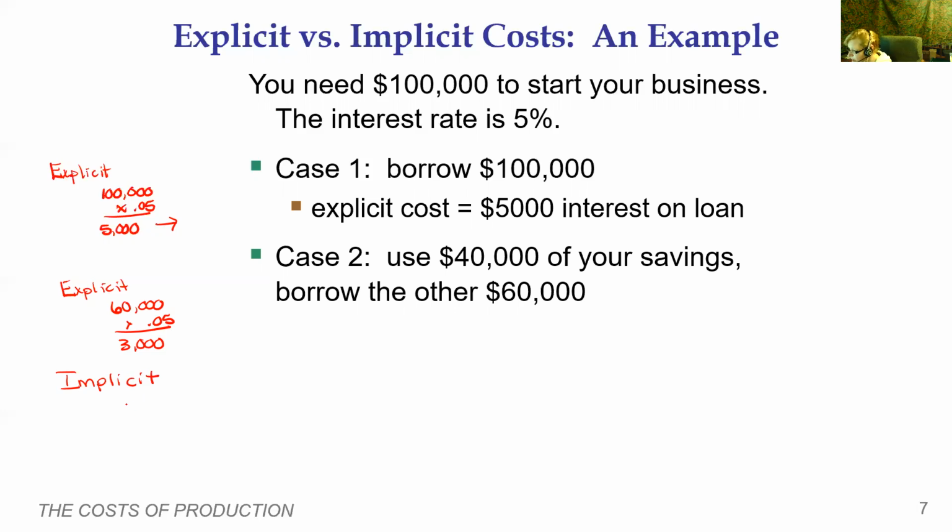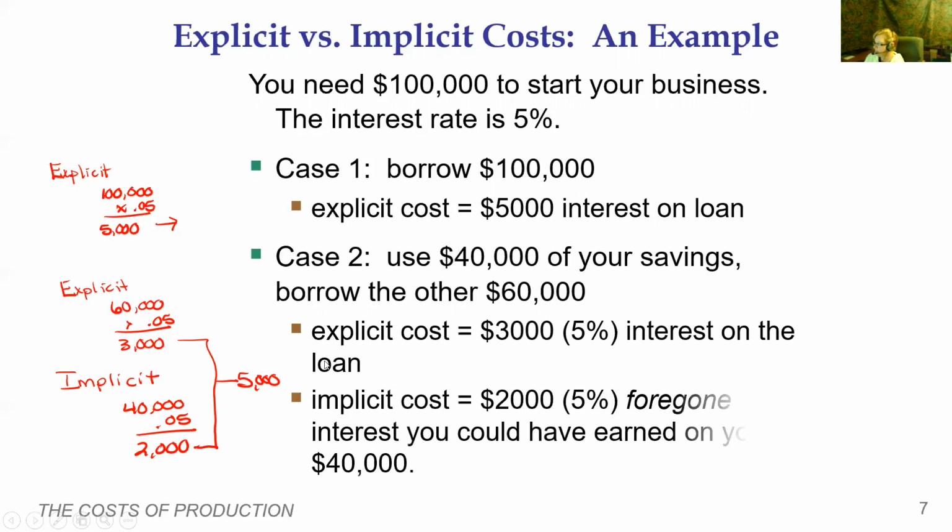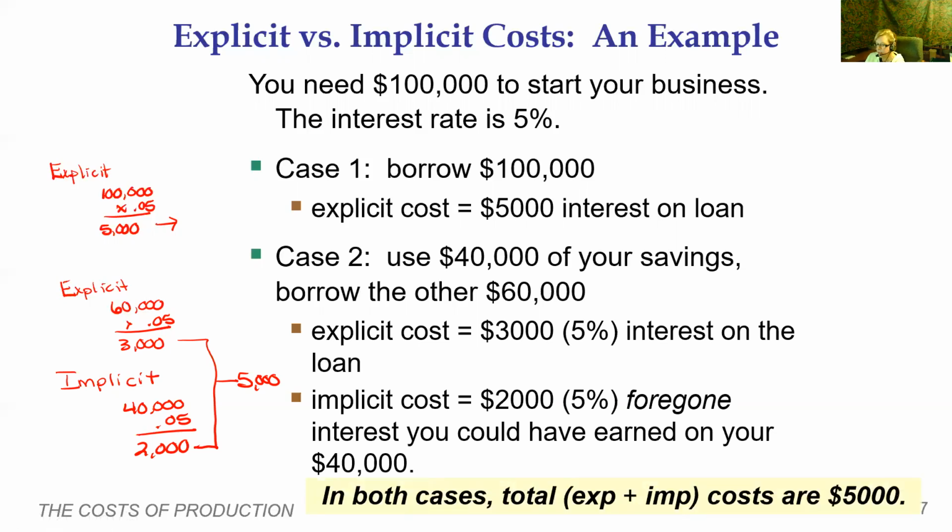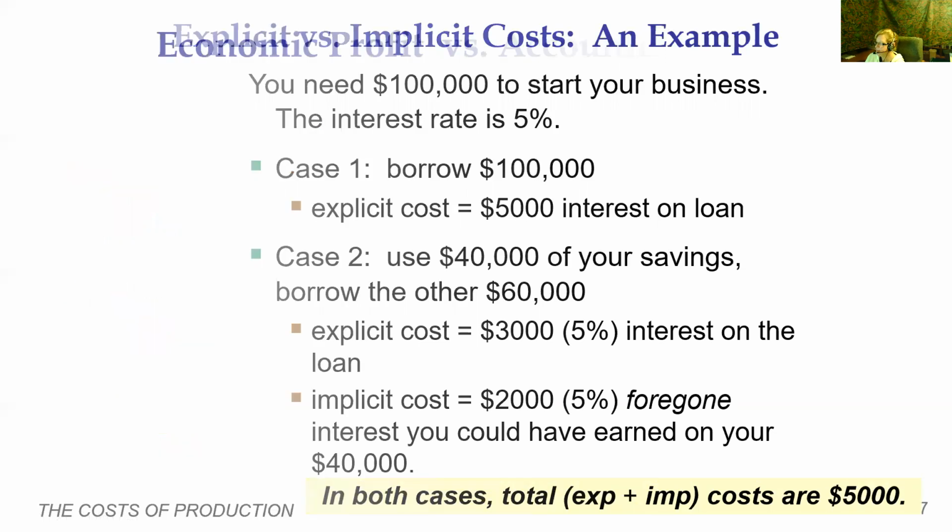You could leave it in your savings and earn 5% or $2,000. So if we add these two together, our costs become $5,000 as it was above. Notice just a different way of how economists and accounting individuals view costs.